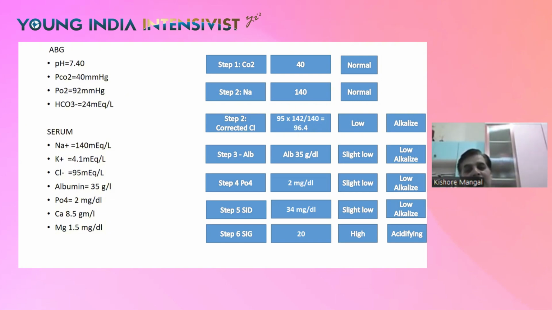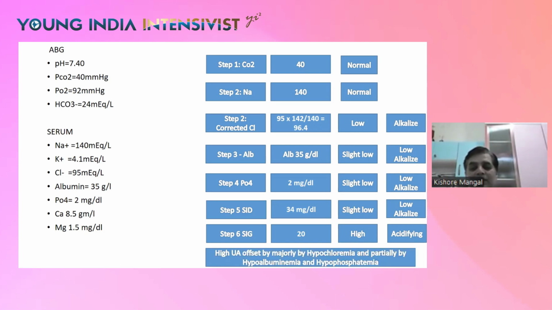is there. And when we see all the steps, we are able to find out that there is some high strong ion gap which is leading to acidifying. So what is the ultimate diagnosis?